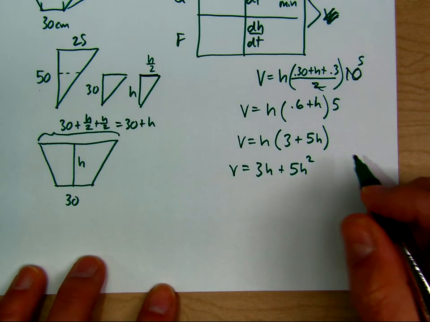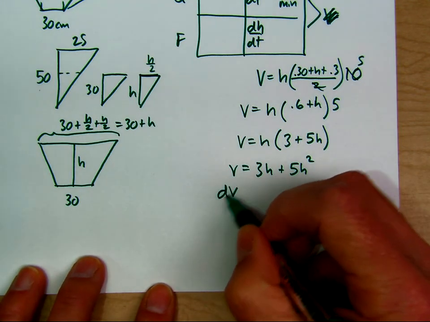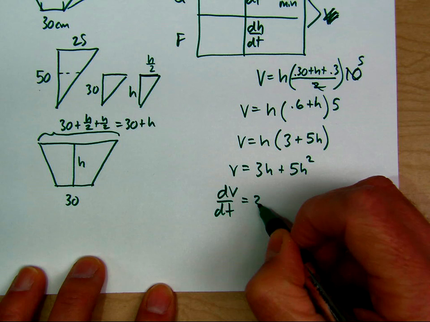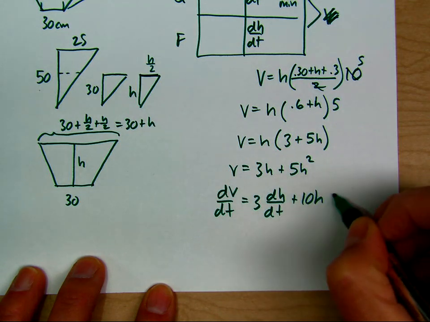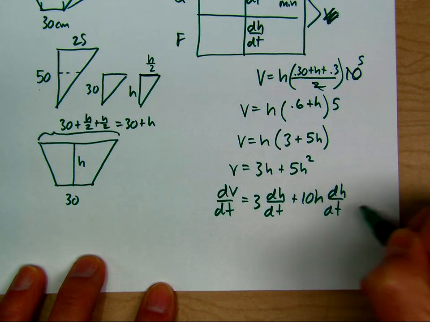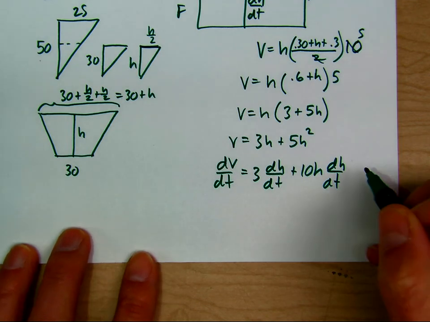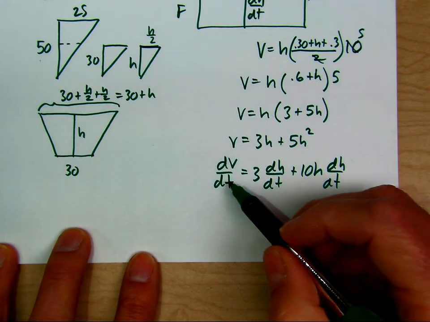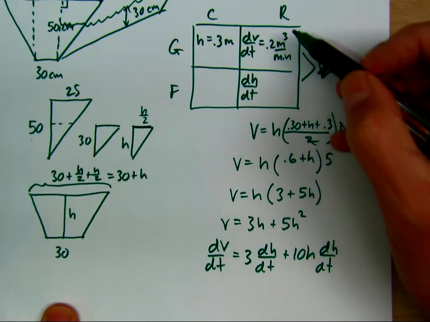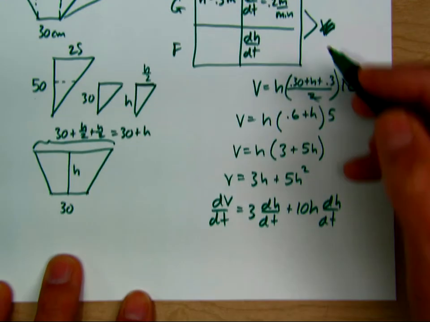And the derivative dV/dt is 3 dh/dt plus 10h dh/dt. We know that dV/dt is 0.2. So we have 0.2.